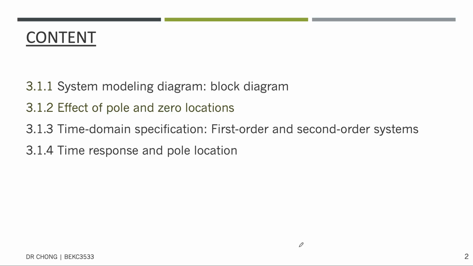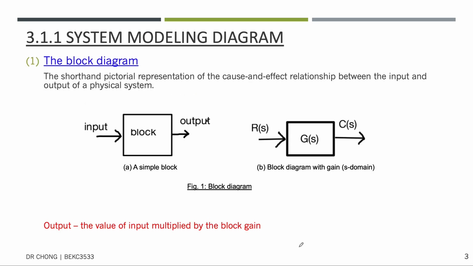Four main subtopics that we learn in this topic, which is block diagram. Block diagram is the shortened pictorial representation of the cause and effect relationship between your input and the output of a system.